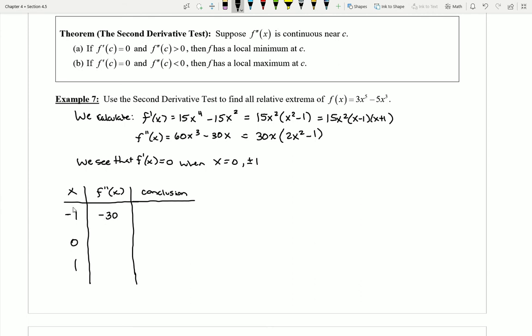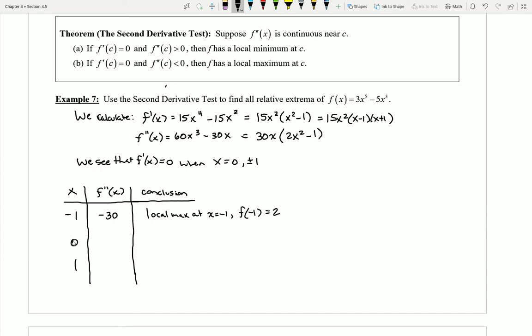But if at x equals -1 the graph is concave down, then the second derivative test tells me that there should be a local max at x equals -1. Specifically, I could calculate f of -1 by plugging -1 in here. Notice that would get me -3 plus 5, so that should get me a value of 2. There's a local max at 2.